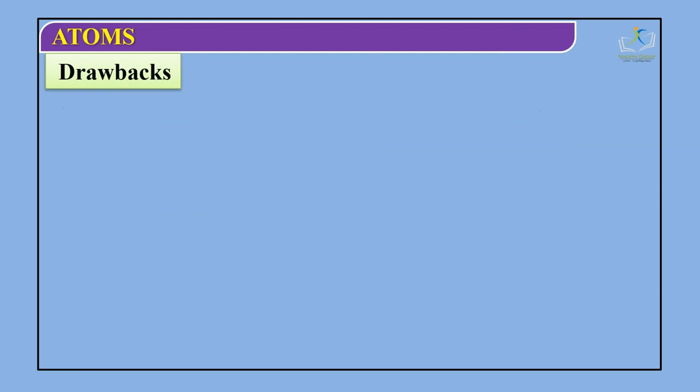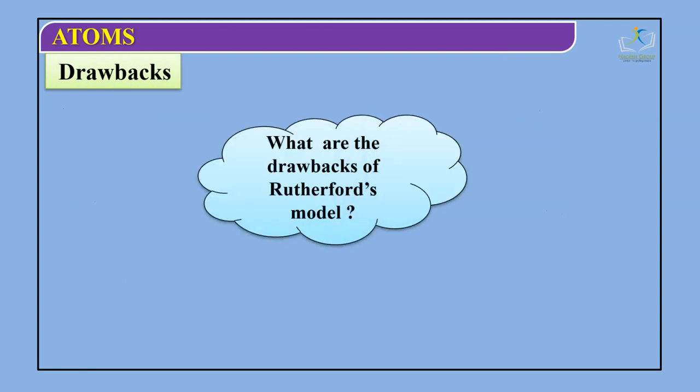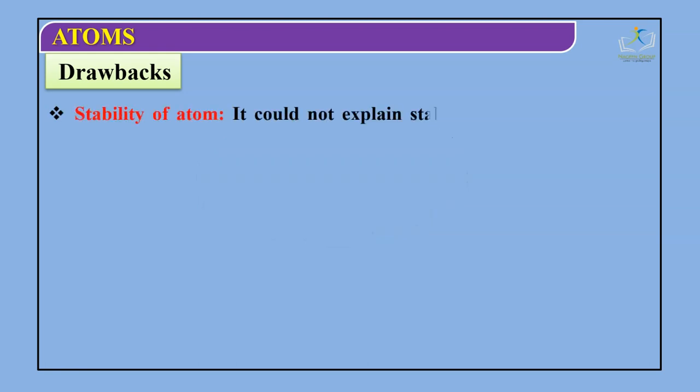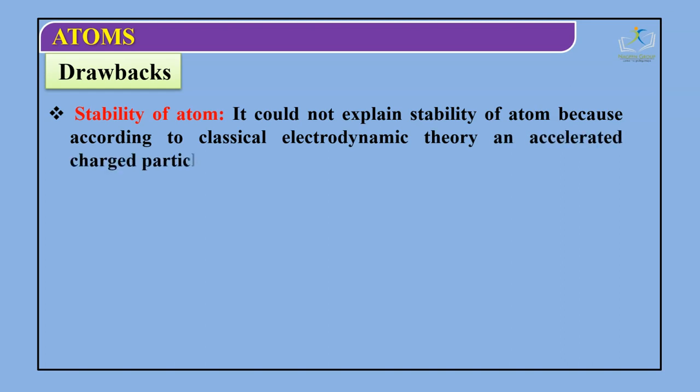Drawbacks. What are the drawbacks of Rutherford's model? Stability of atom. It couldn't explain the stability of the atom because according to classical electrodynamics, an accelerated charged particle should continuously radiate energy.